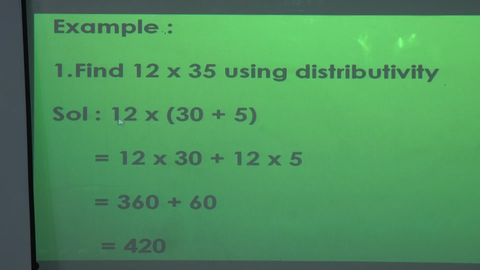So 12 will be multiplied by 30 and again 12 will be multiplied by 5. 12 30s are 360 and 12 5s are 60. So 360 plus 60 is nothing but 420. Okay students, so this is the example to solve the distributivity property.